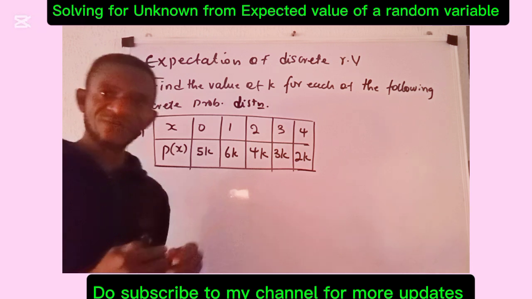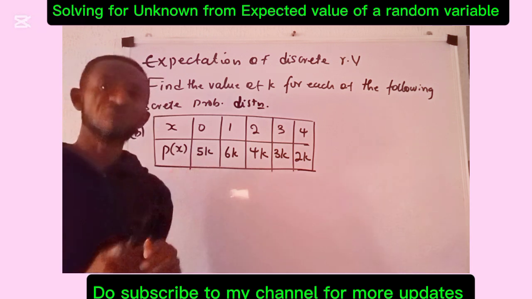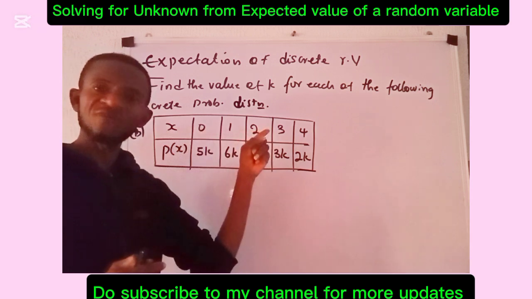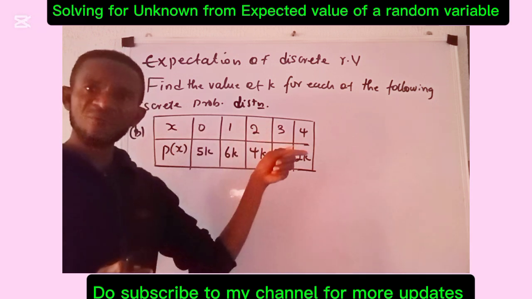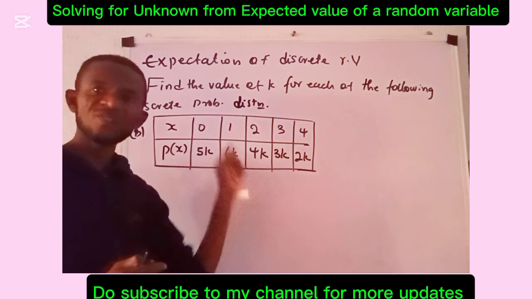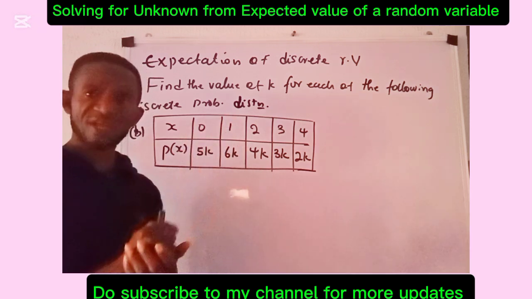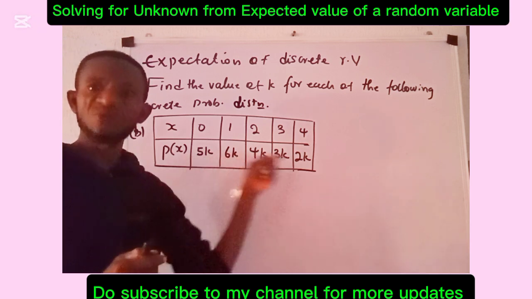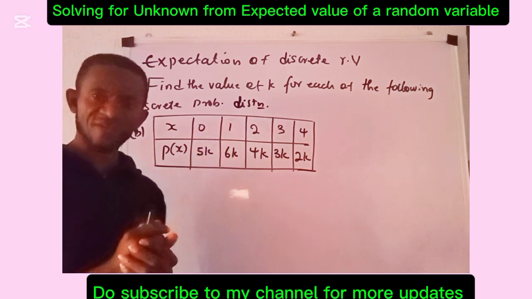We ask ourselves, where is the unknown found? Is it within the row of the values of the random variable or within the row of the probabilities of the values of the random variable? The K, of course, occurred within the row of the probabilities of the values of the random variable.